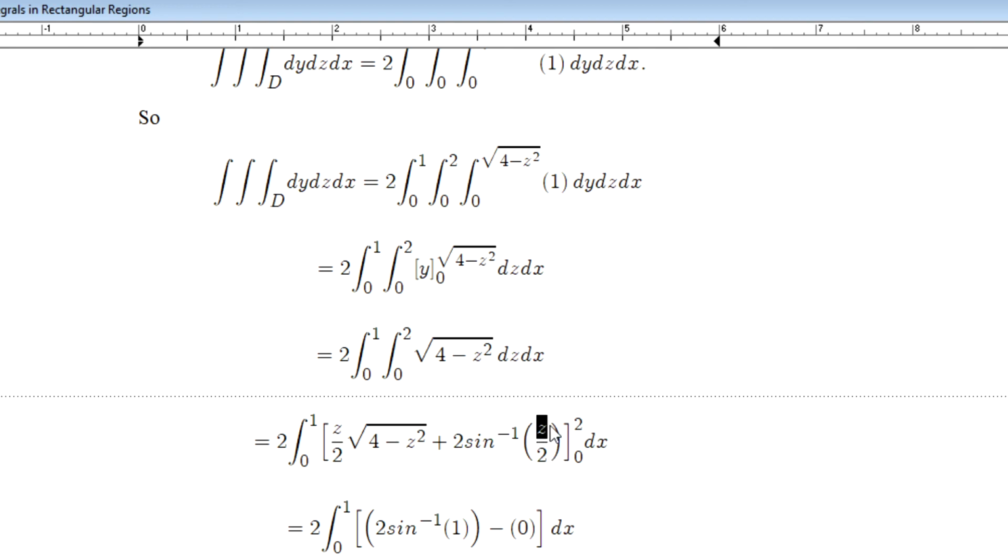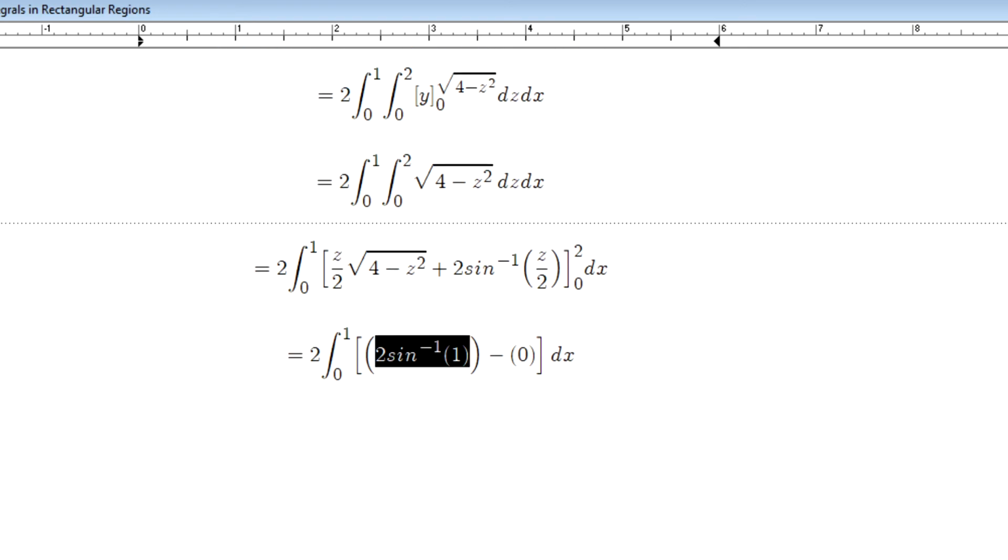Now if I plug in 2 here, 2 divided by 2 is 1. We would have the sine inverse of 1 times 2. That would be 2 times the sine inverse of 1. If I haven't simplified that, in the next step I will. But take note, what is the sine inverse of 1?